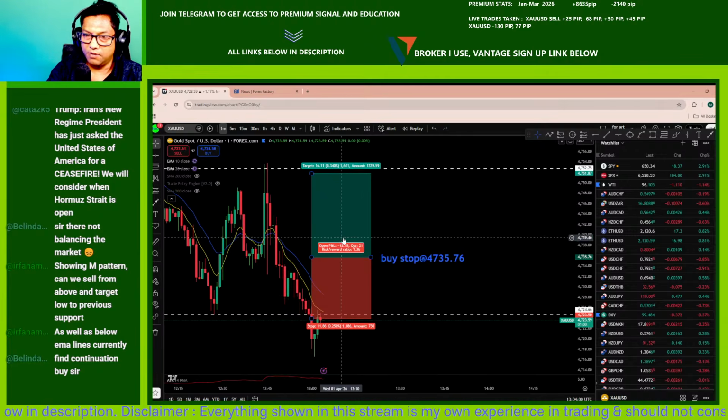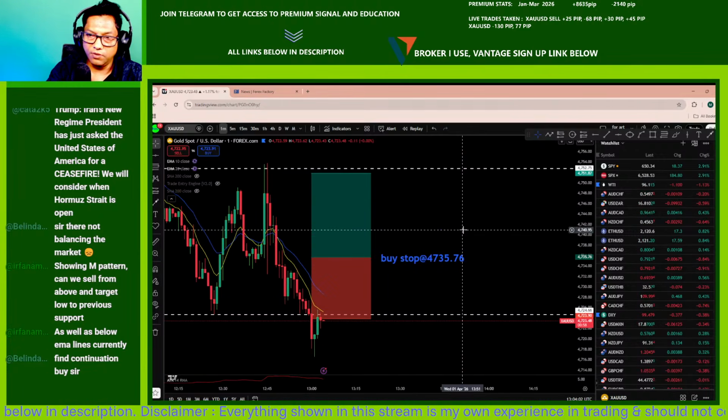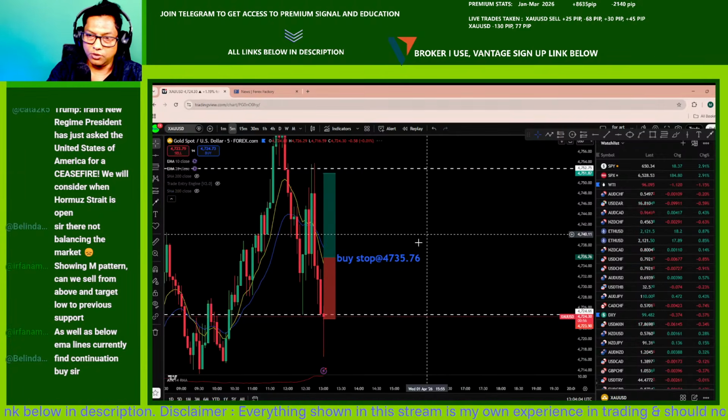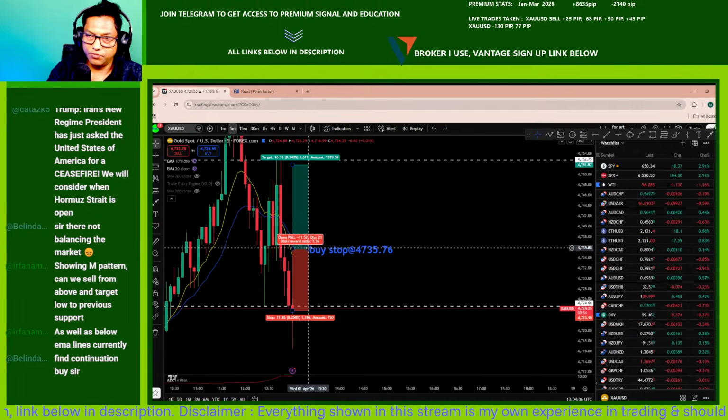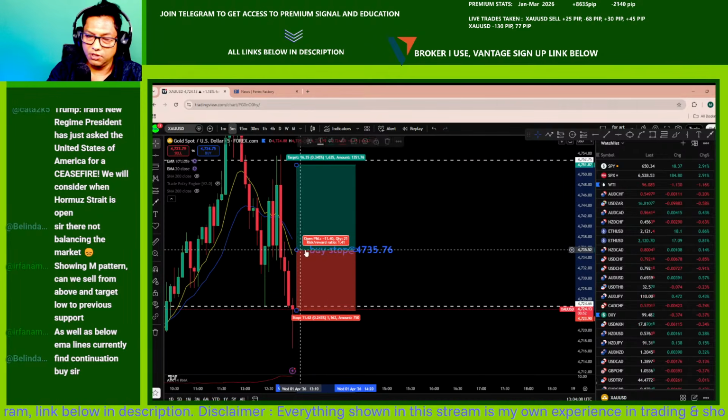So if the market breaks out of this level, we will be looking to go long. This is a pretty interesting market structure that we can see here in the area.